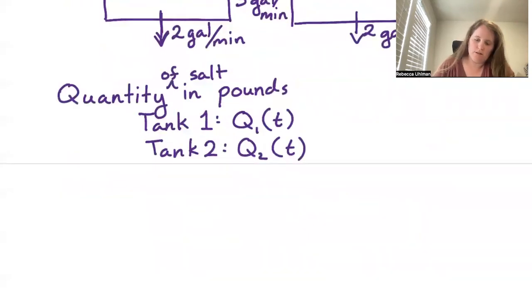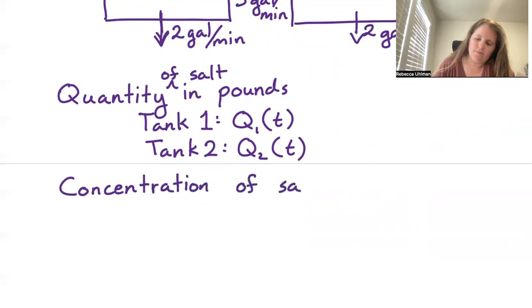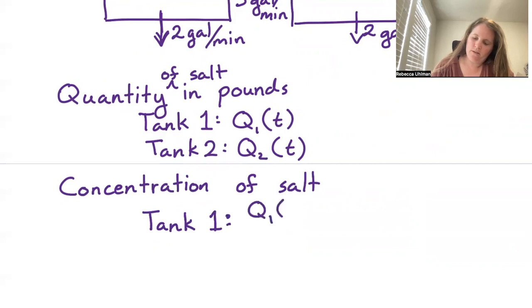Now we could see the concentration of salt for tank 1 will be Q1 of T over V1 of T, pounds per gallon.